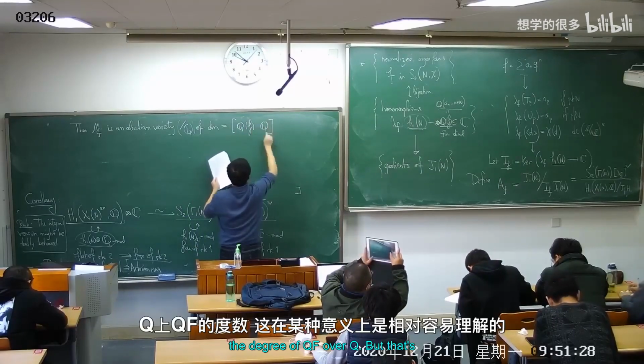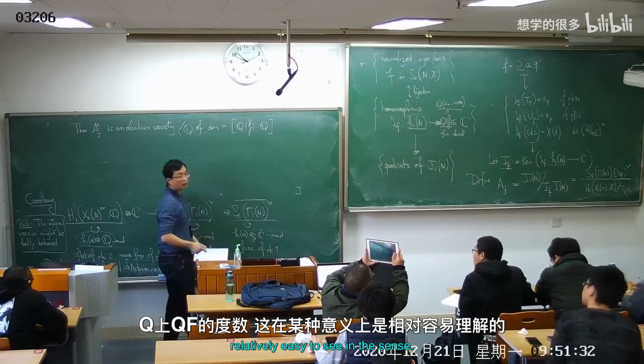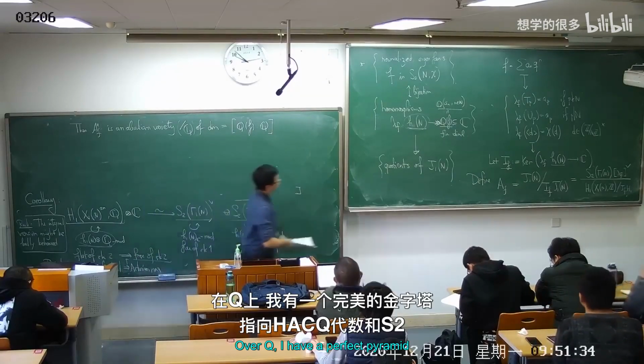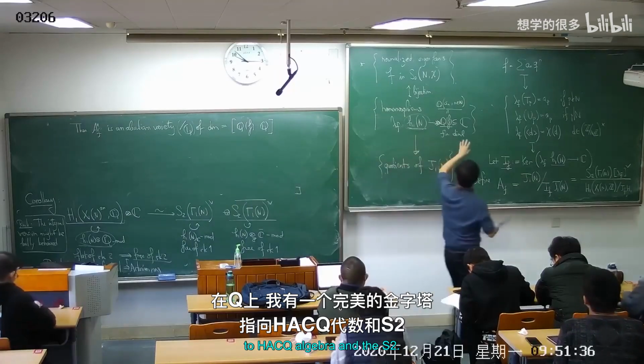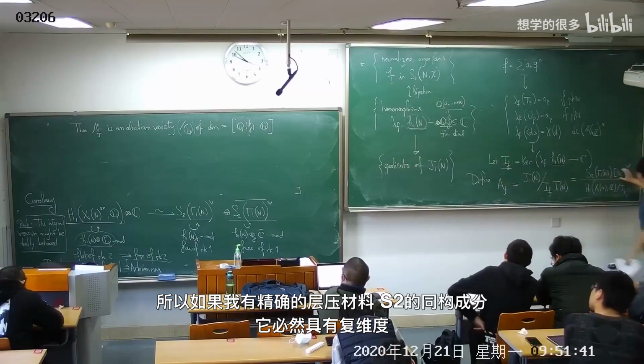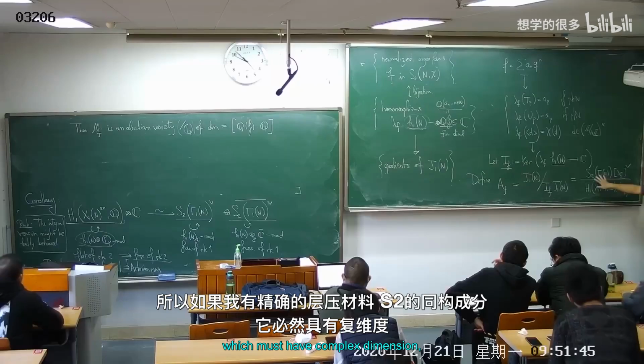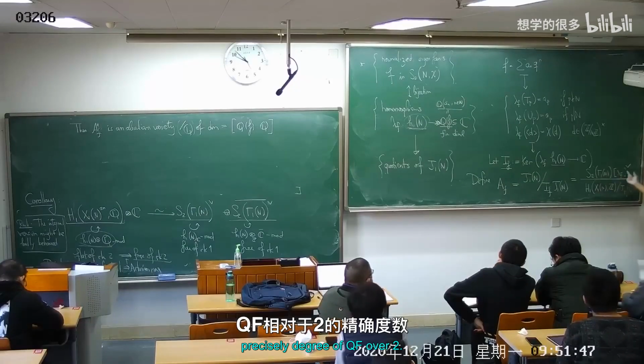But that's relatively easy to see, in the sense that over Q I have the perfect pairing between the Hecke algebra and S2. So the precise λ_f isotypic component of S2 must have complex dimension precisely the degree of Q_f over Q.